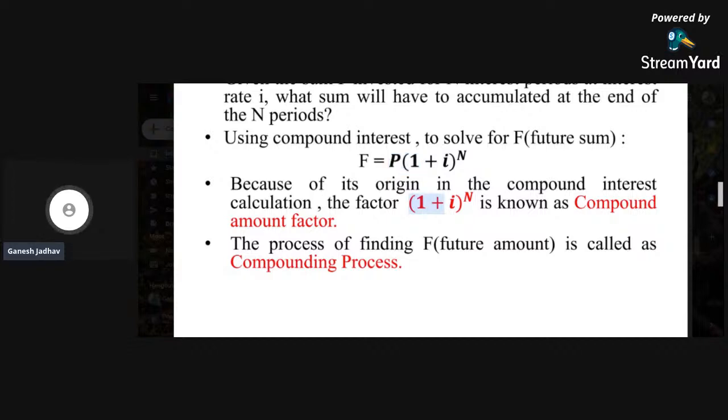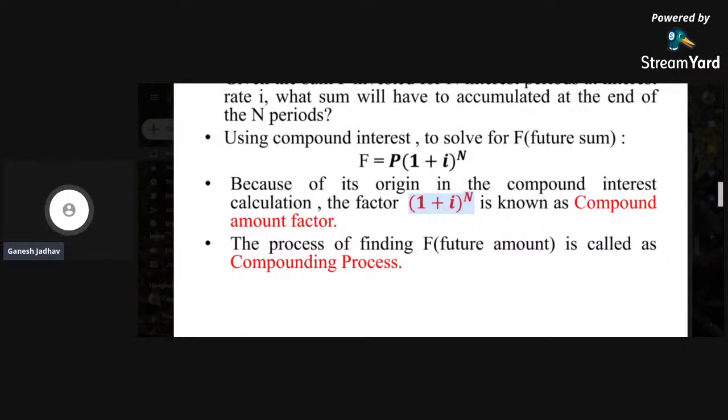This is the compound amount factor. The process of finding this future amount F is called the compounding process. This is important, you should remember it. What is the compounding factor?